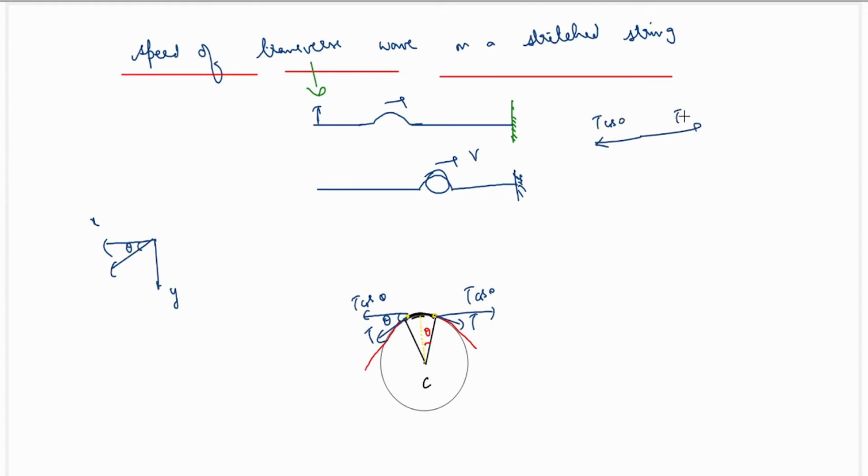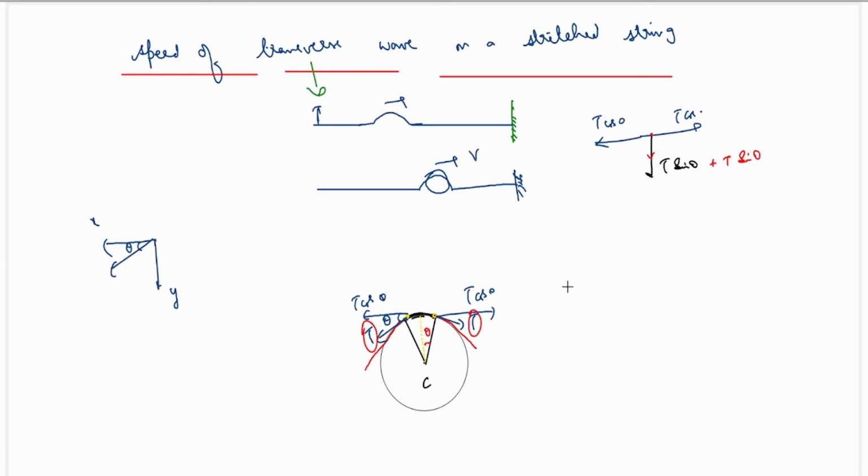The component which is like this is also T cos theta. Both are the same value. And then there will be one component which is T sin theta because of one tension, and also one more tension acts like this. It will be T sin theta. So there will be a component of T sin theta because of this tension as well as this tension.